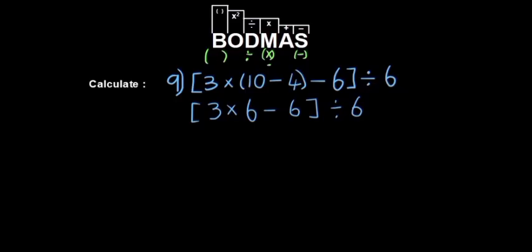So we're gonna multiply here first. So that means we're going to multiply a 3 by 6 to get 18. And now the multiplication inside the bracket is gone.